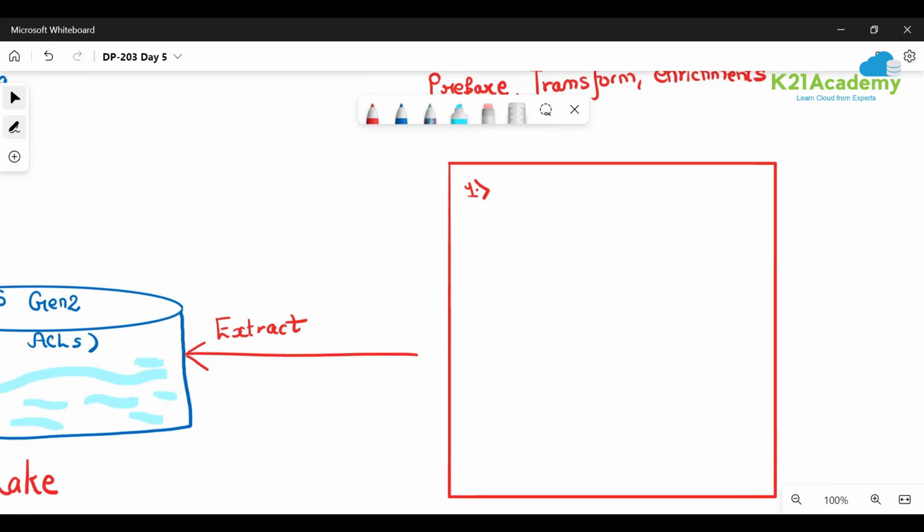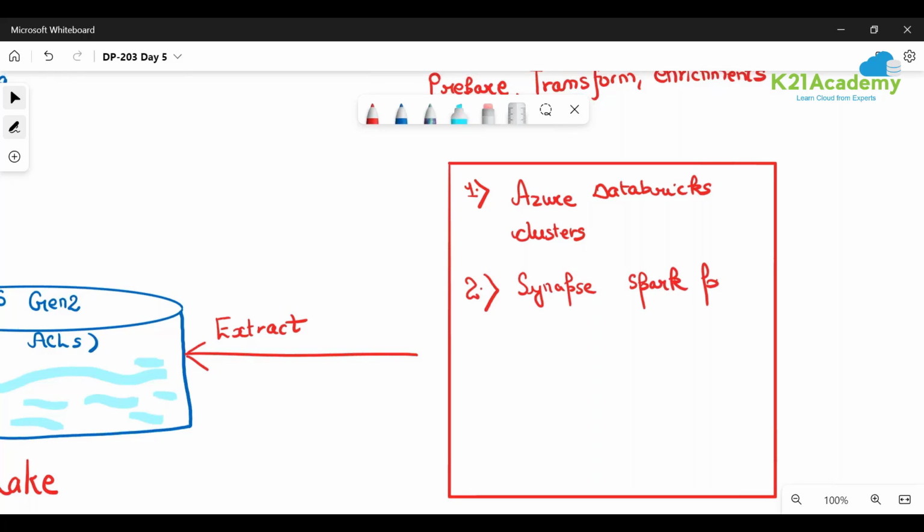Number 1, Azure Databricks clusters. Second, Synapse Spark pools.